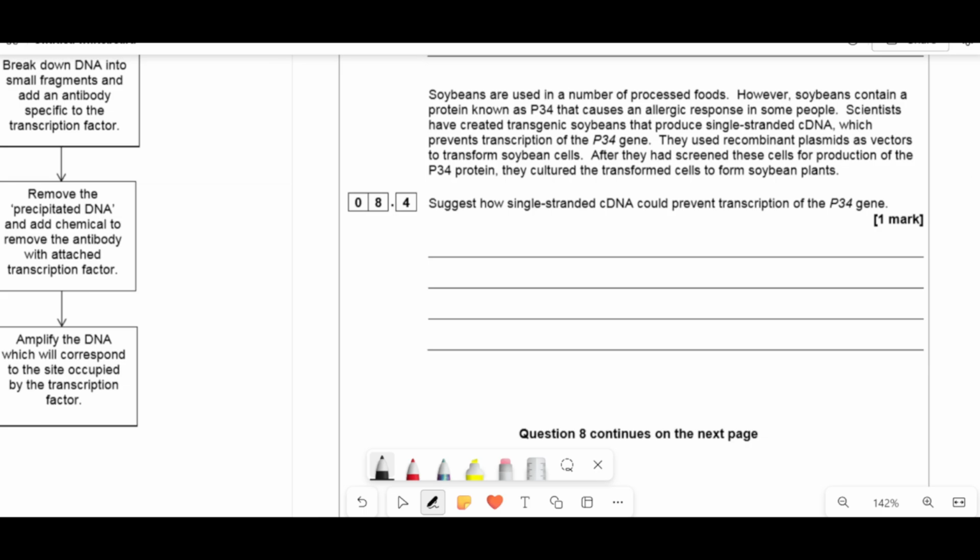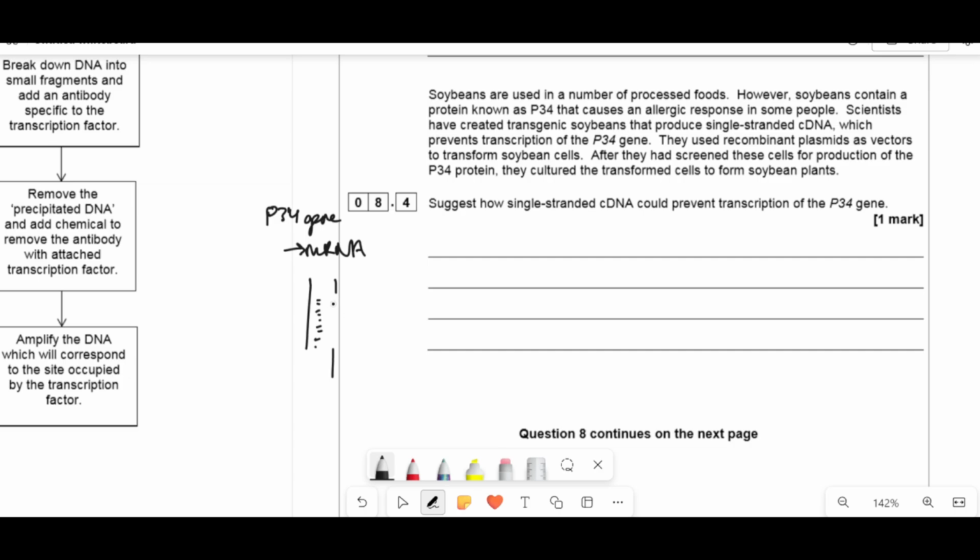So then, think about it step by step. You've got the P34 gene. The entire point of transcription is to make mRNA. And the question has told you how this could prevent the transcription. When you're doing transcription for any gene, you break open the hydrogen bonds between the strands to expose the bases that you want to make mRNA with, right?